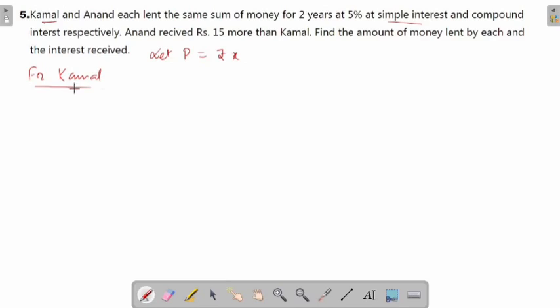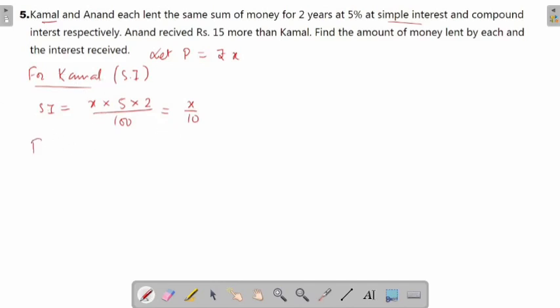For Kamal, since he is taking simple interest, the simple interest is going to be P into R into T by 100. P is X, rate is 5%, time is 2 years, by 100. So this is X by 10. This is the simple interest earned by Kamal.